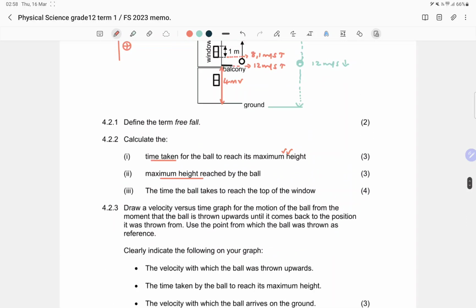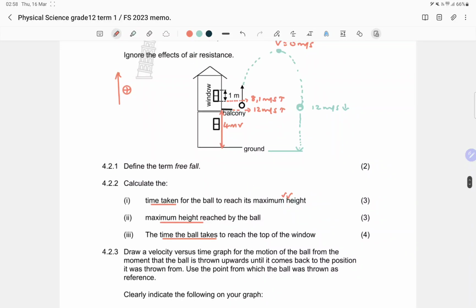Now it says the time the ball takes to reach the top of the window. Okay, so now I'm trying to think. Are we talking about the time from its launch to the top of the window, or from the bottom of the window to the top of the window?